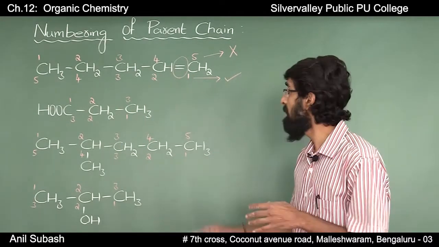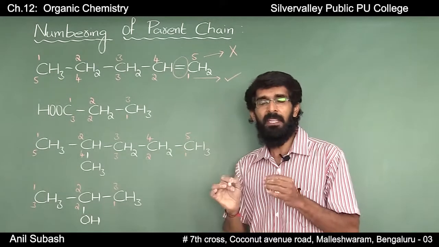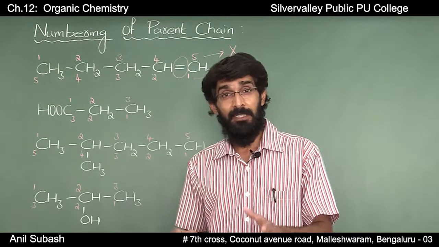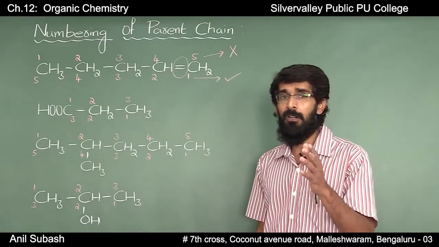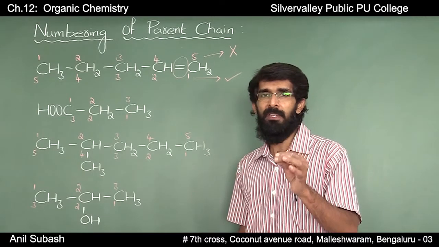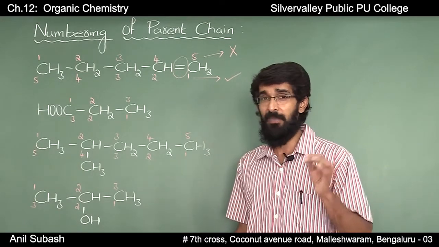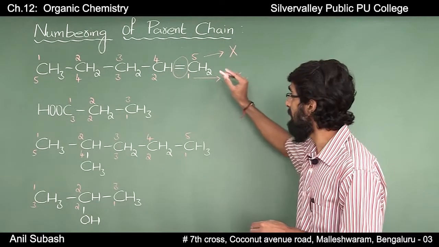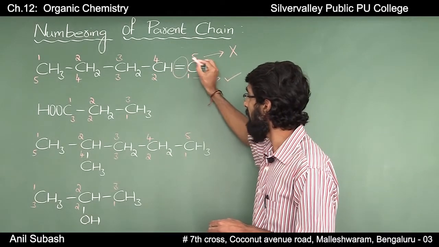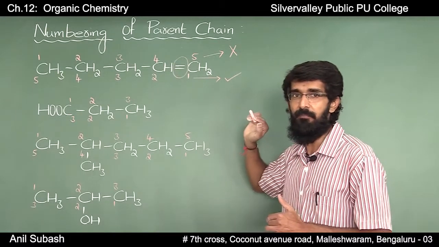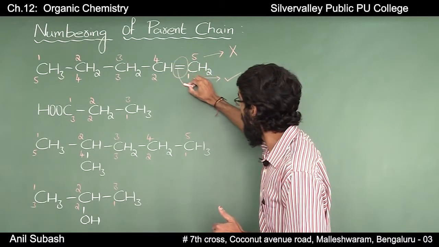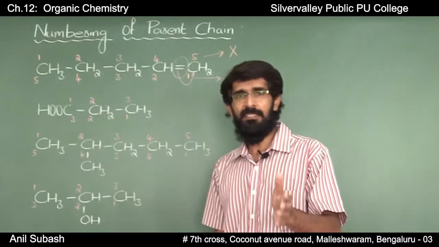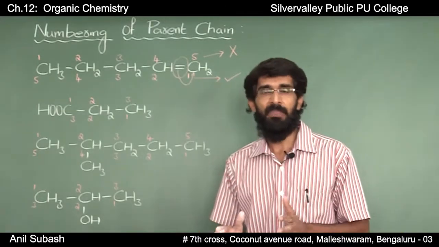And remember, if the parent chain contains a double bond or a triple bond, then the double bond or the triple bond will always belong to the previous carbon atom. That is, in this compound, there is a double bond between the first carbon atom and the second carbon atom, and this double bond will belong to the first carbon atom, that is the previous carbon atom.